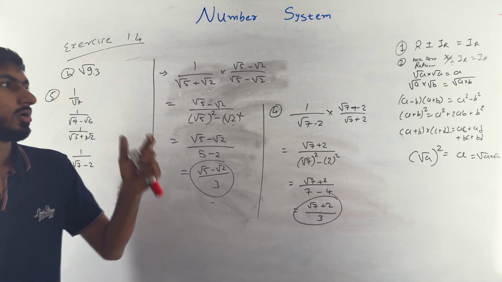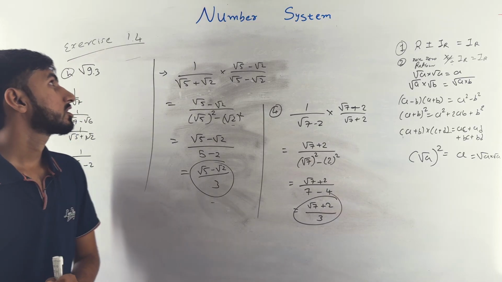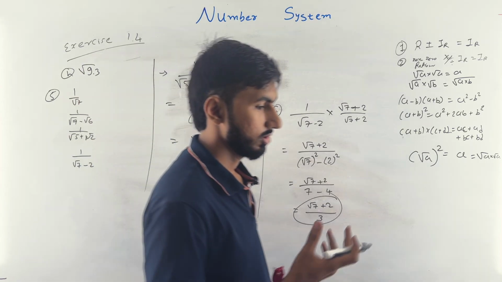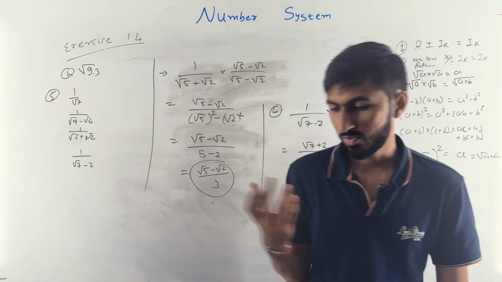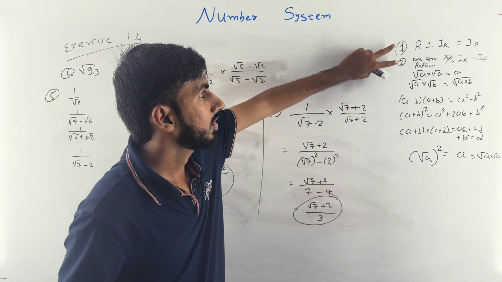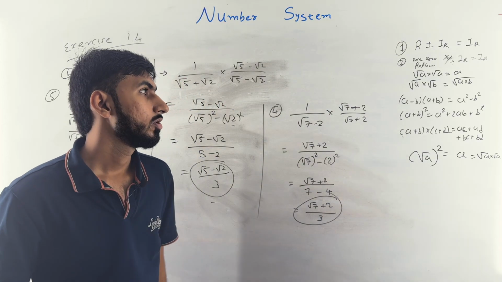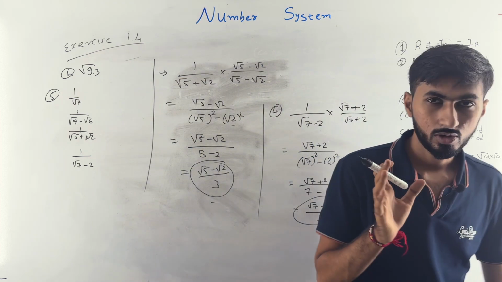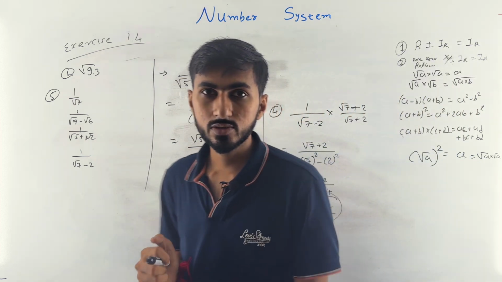So in exercise number 1.4, we have identified whether the addition or multiplication of two numbers is rational or irrational. That was our first question. We can find it with these two. Then we have done simplification of numbers, right?